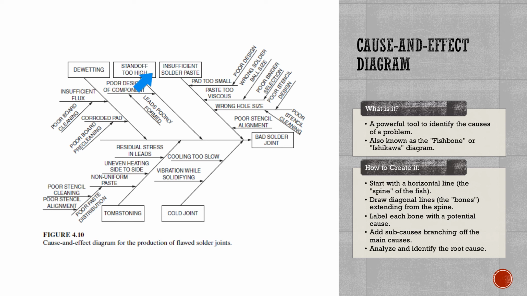So all of this is the main potential of why a bad solder joint happens. After that, you can add sub-causes branching off the main cause. All of that ends at the title on the diagonal line, which is the bond.